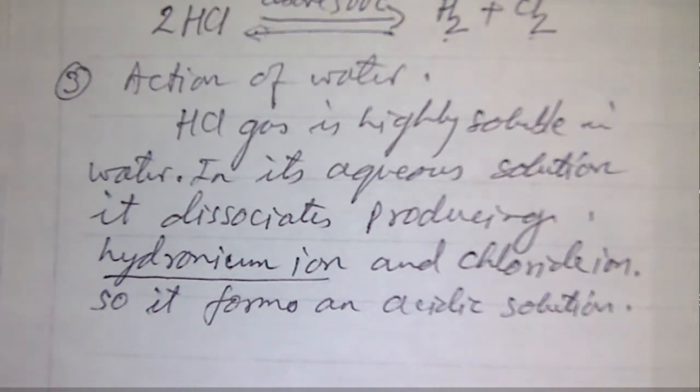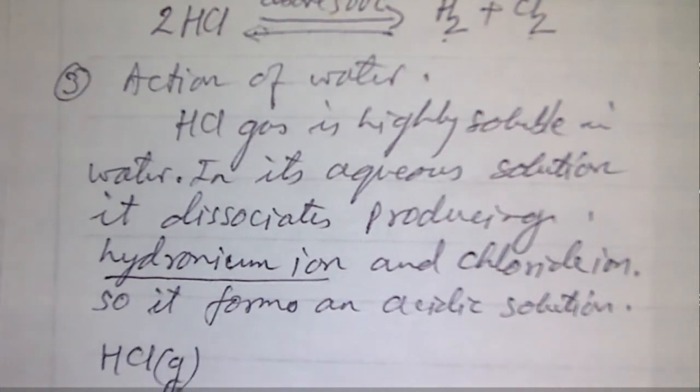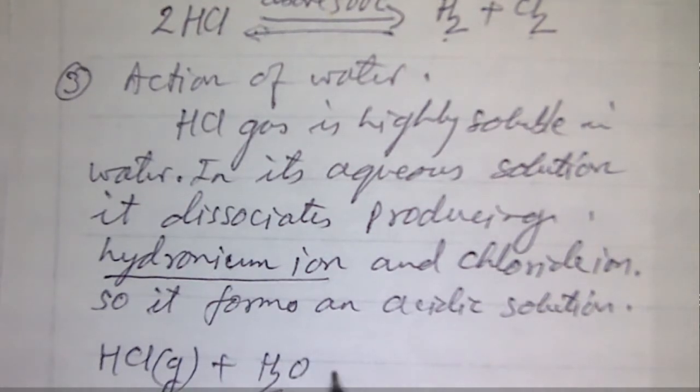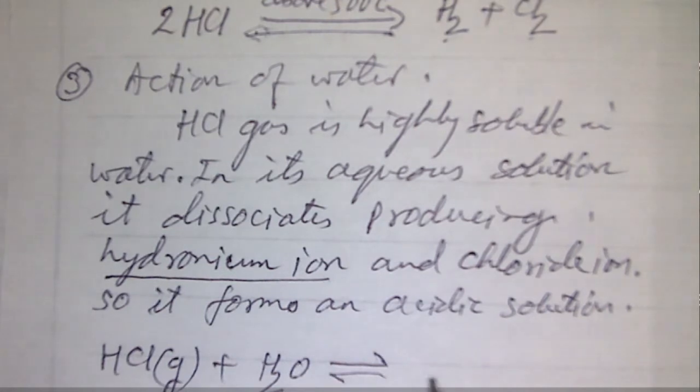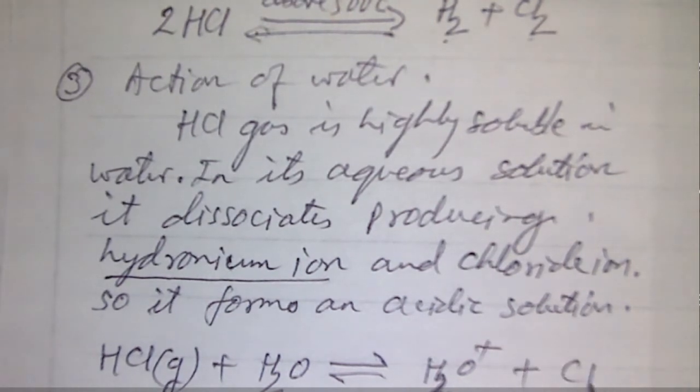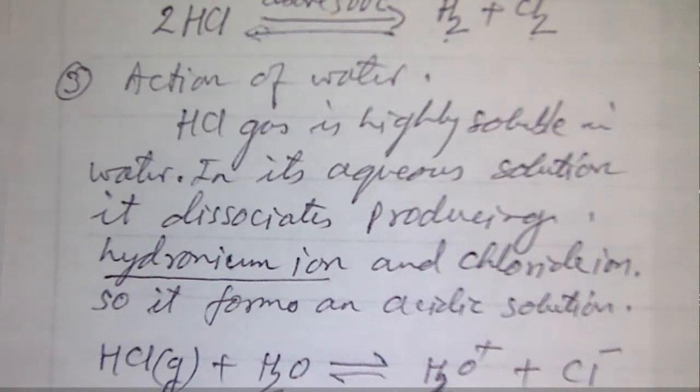So it forms an acidic solution. Here what I can write down: HCl, this was a gas. I've added it to water. What happens? This will break up into H3O+, and along with this you'll get Cl-. H3O+ is called the hydronium ion.